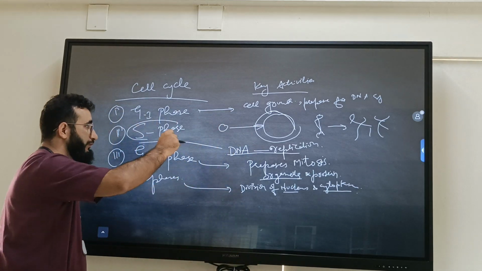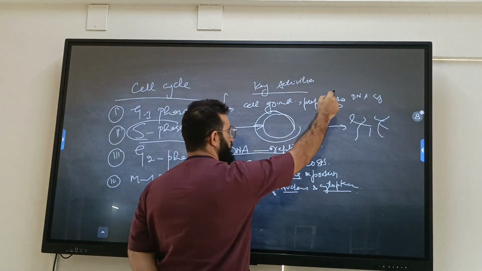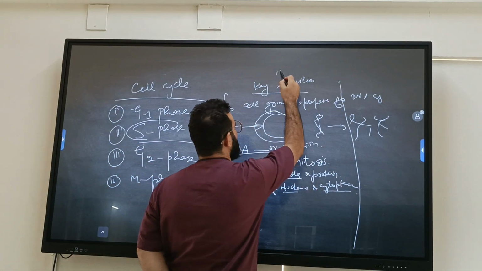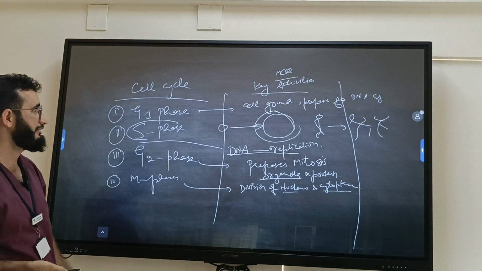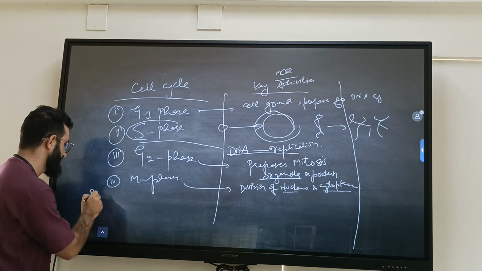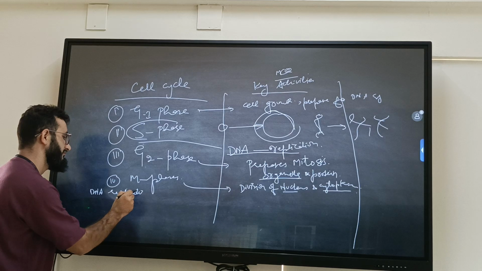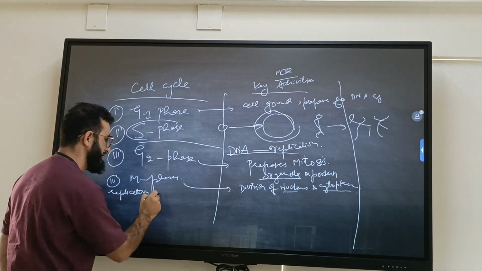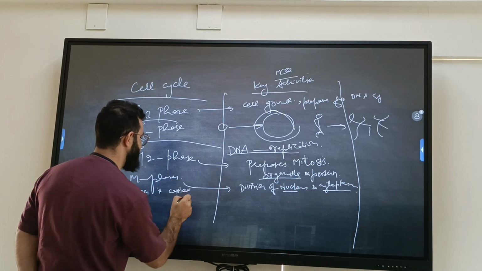See, these are very important pointers in every MCQ. In every exam, they can ask in terms of MCQ. For example, DNA replication is carried in which phase of cell cycle?